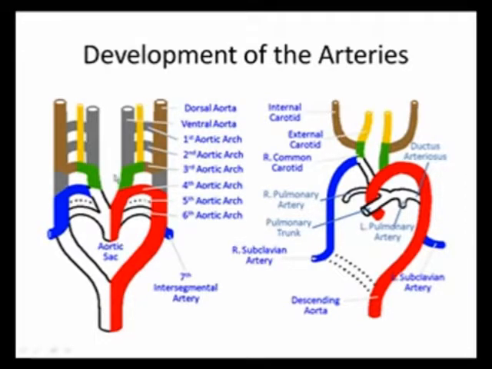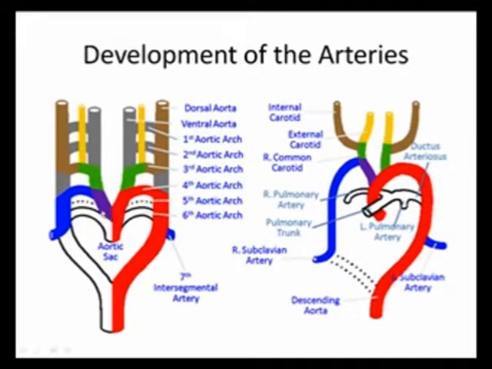Notice that between the third and fourth arches, the dorsal aorta is going to degenerate normally. Also note that the ventral aorta is going to remain on the right side as it connects the aorta to the subclavian and the common carotid, and that vessel is going to be the brachiocephalic artery.